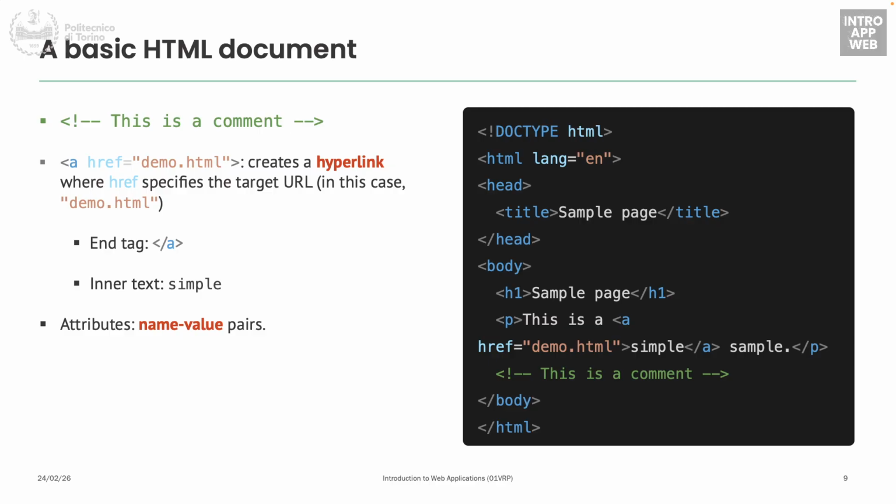And as you can see here, in HTML it works like pairs, no? A key with a value. So in here we had a key value to specify the language. So the language is English. Here we have another key value to specify that the reference we are linking to is this page.